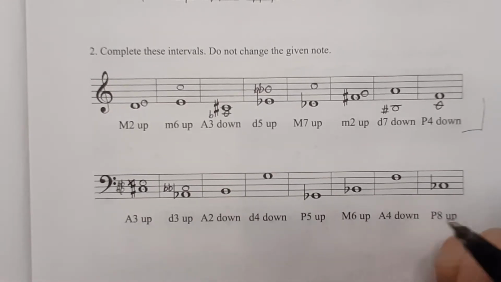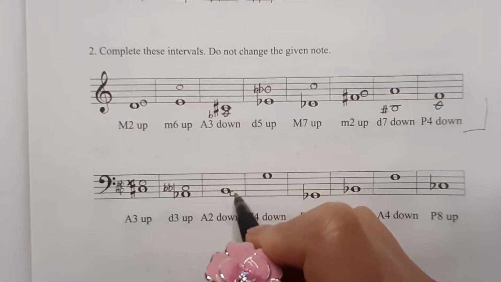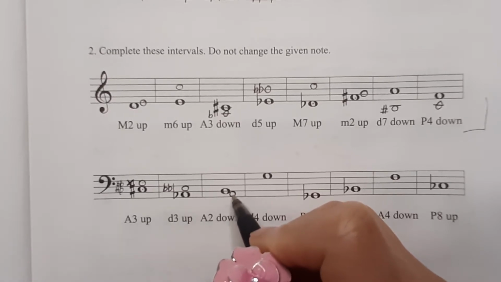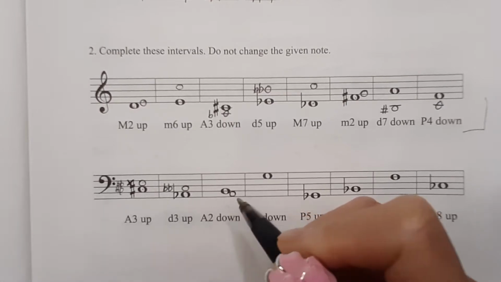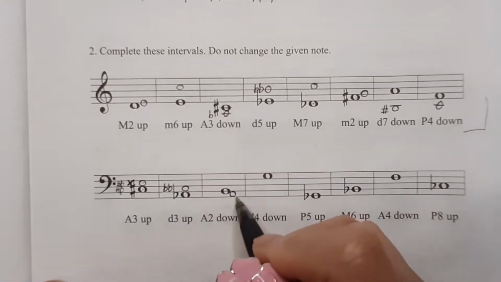Okay, good. Let's do an augmented 2nd down. So it's going to be A to B. A becomes a key tone. In the key of A major, we have F sharp, C sharp, G sharp. 3 sharps, right? Now, B is one of the notes in the key of A major. So this is a major 2nd, but you don't want the major 2nd.